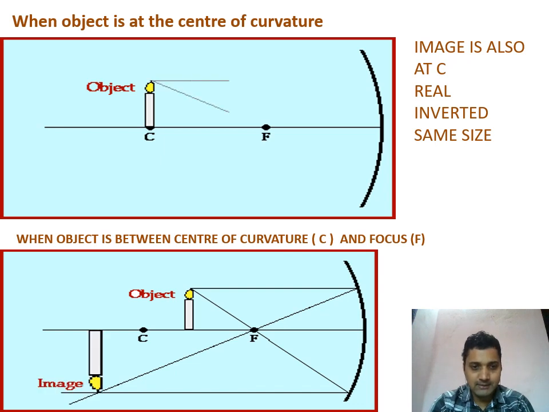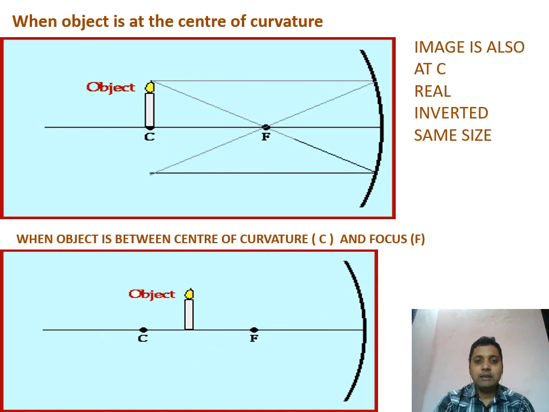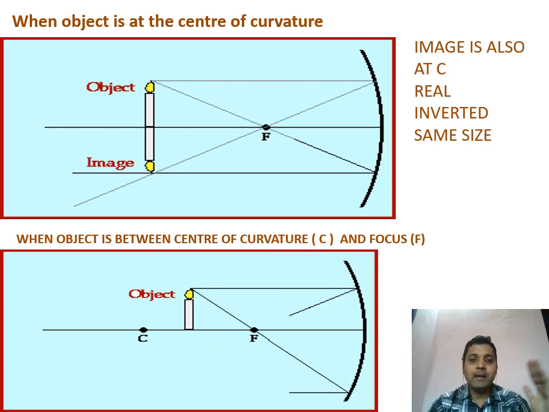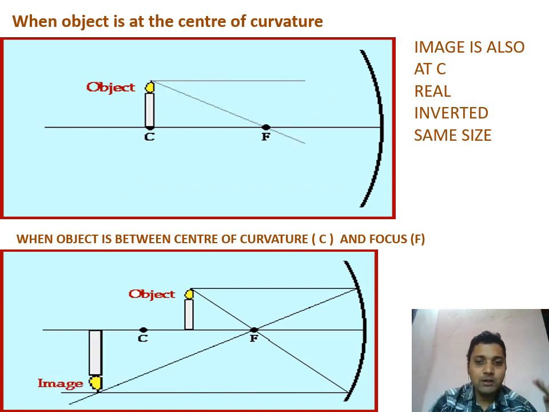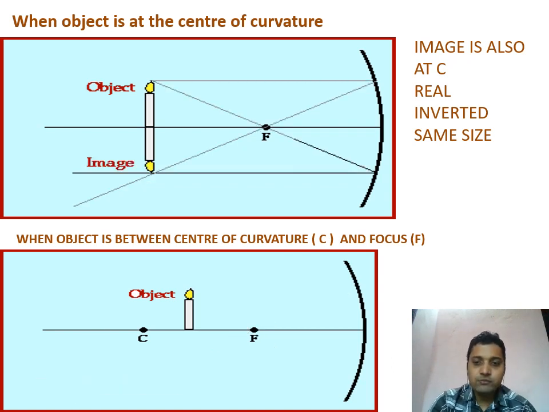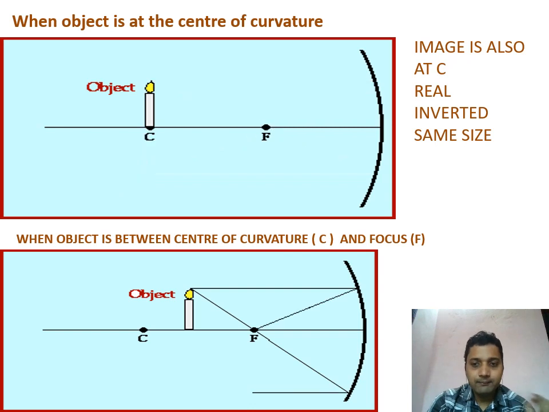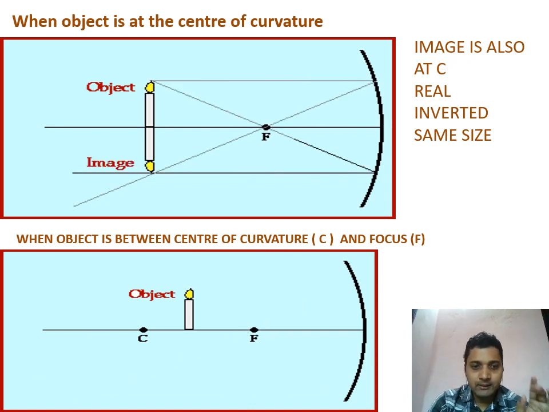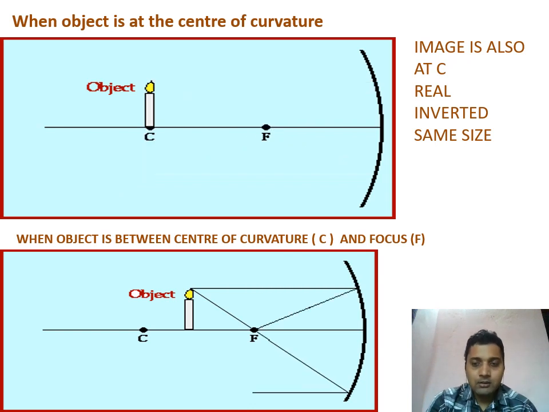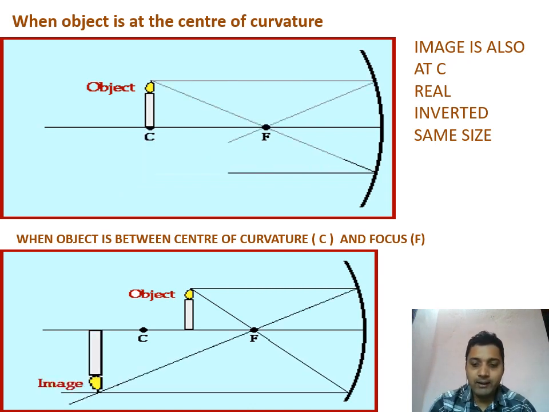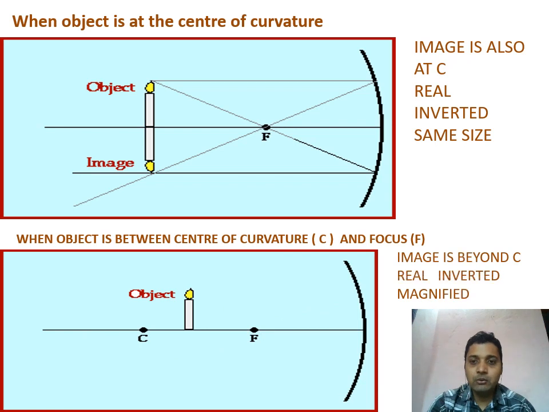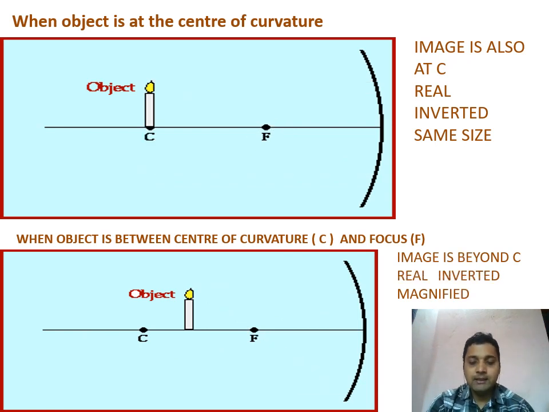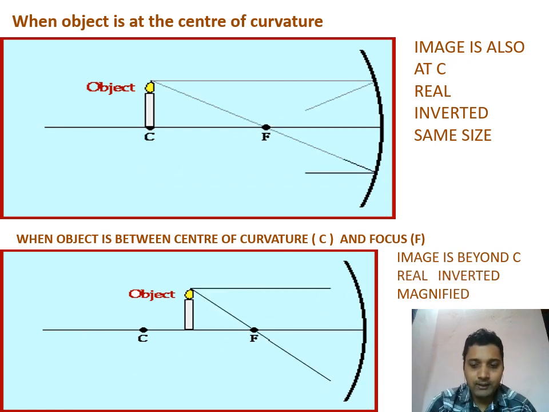Here, the image point we got is at the back side of C, or beyond C. So the image forms beyond C. The image is real because all the light actually meets. It is an inverted and magnified image. So the nature is real, inverted, magnified.